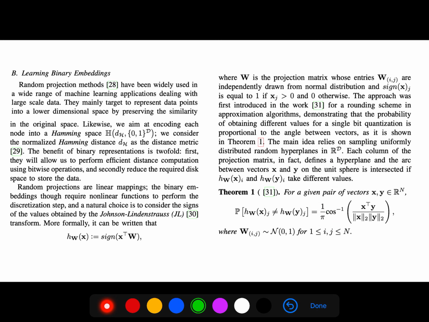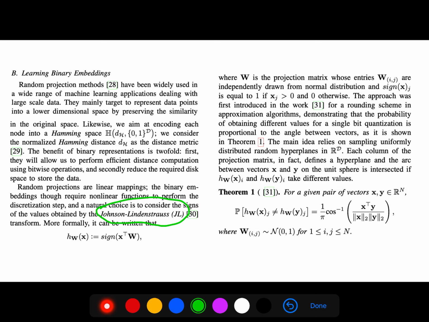Random projection methods have been widely used in a wide range of applications dealing with large-scale data. We aim at encoding each node into a Hamming space. We consider the normalized Hamming distance as the distance metric. So if you look at my first video on embeddings, I explained this Johnson-Lindenstrauss metric embedding, in my playlist on metric embedding.